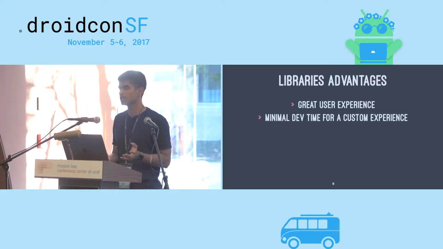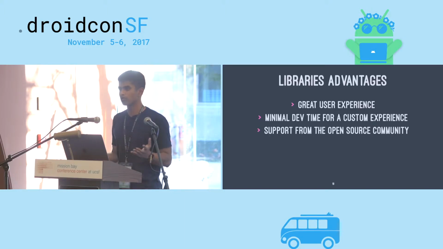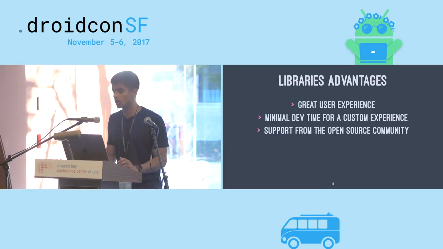Next, minimal dev time for a custom experience compared to when you use native. It'll take you a lot more time. Then support from the open source community. As we know, like there is a lot of issues with Android and camera that is pretty hard. But the open source community is really good, and they usually get to, when a new device launches and something is not working, they are the first to respond.